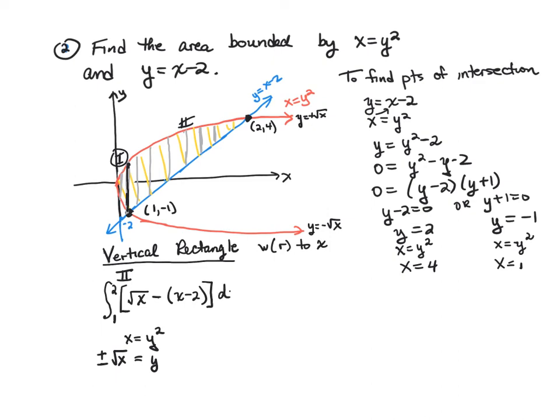with respect to x. And for region 1, that would be from x equals 0, which is right at the vertex of this so-called sidewards parabola, to x equals 1 of the top, which is root x, the top piece of the sidewards parabola, minus the bottom, which is still the red piece, but the bottom part of this sidewards parabola, which is minus negative root x, with respect to x.